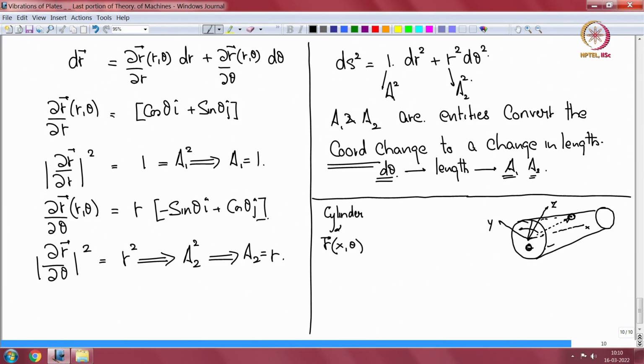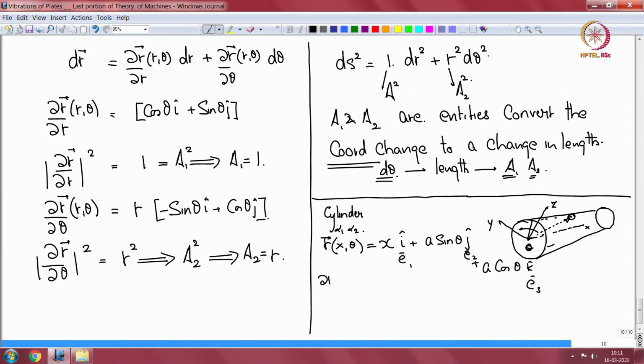Those are my alpha 1, alpha 2. So R is equal to x i hat plus a sin theta j plus a cos theta k. This is E1, this is E2, this is E3.